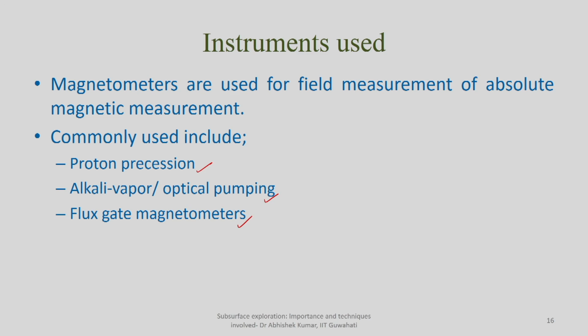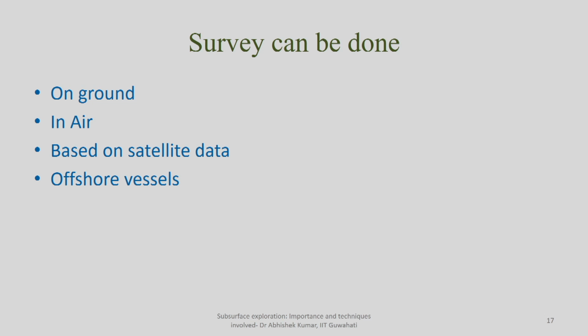I am not going into detail of these methods, but overall the purpose of today's lecture is to give you an overall understanding of what the magnetic anomaly method, or magnetic survey, targets in terms of subsurface exploration, which is particularly the objective of the present work. You can do this magnetic anomaly test on the ground, from the air, and based on satellite data also, if the data required for this kind of analysis is there.